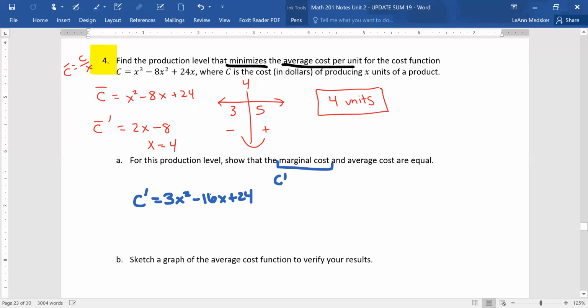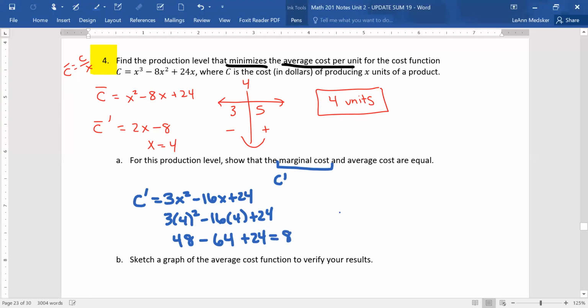And then we would put in that production level we said that worked, which would be 3 times 4 squared minus 16 times 4 plus 24. So this is 16 times 3, so that's 48 minus 64 plus 24. I am getting a total of 8.